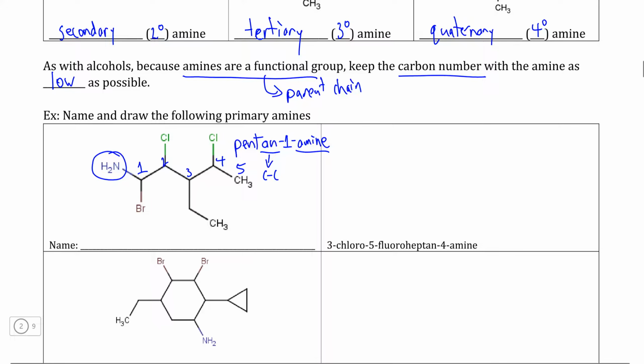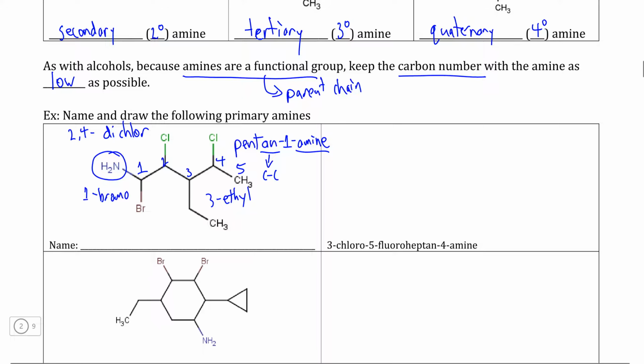And from there, the remainder of this molecule remains identical. On carbon 1, sharing carbon 1 with the amine, we have a bromo alkyl halide. We have 2 chloros up here, so we would have on carbons 2 and 4 a dichloro, and then our final functional group would be the ethyl functional group here on carbon 3.